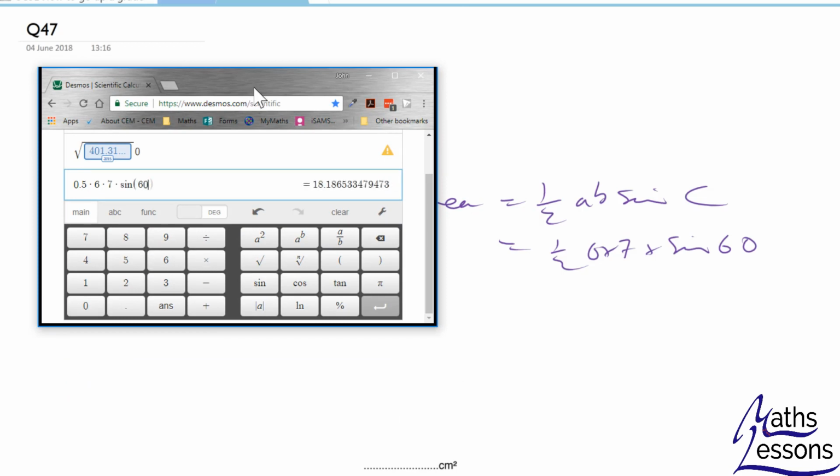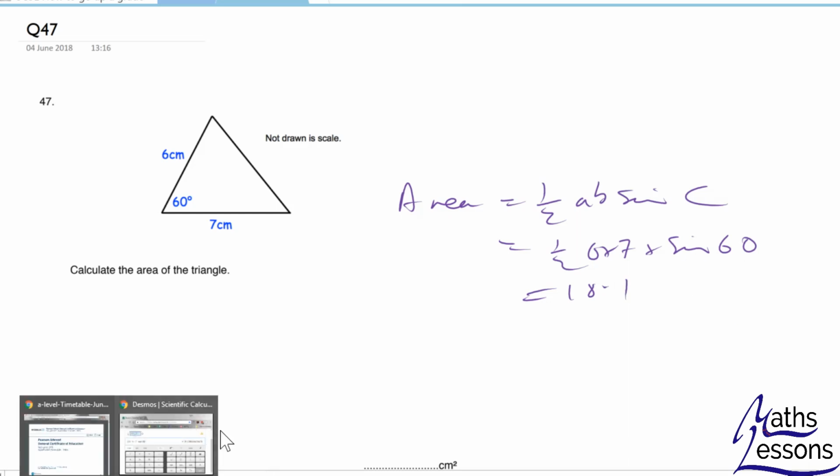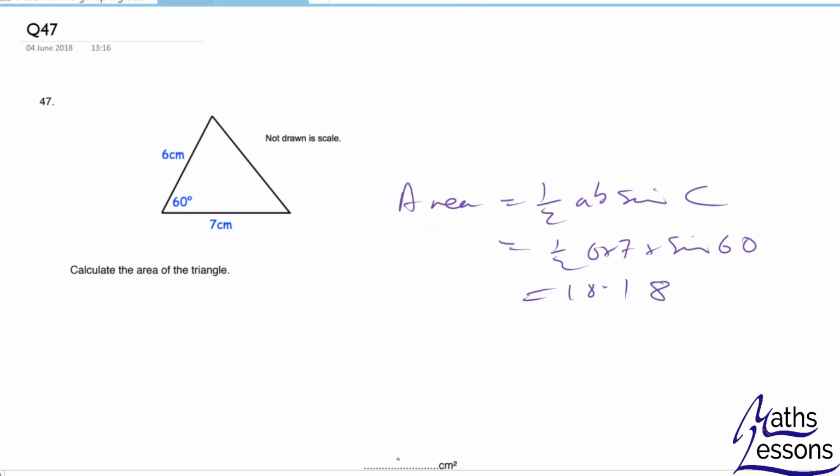In theory, you could quite well be asked to do some non-calculator questions, but fortunately you've had the calculator paper. It equals 18.1, because sine 60 is root 3 over 2. Let's just check that, 18.18. So that will come out to 18.2 to 3 significant figures.